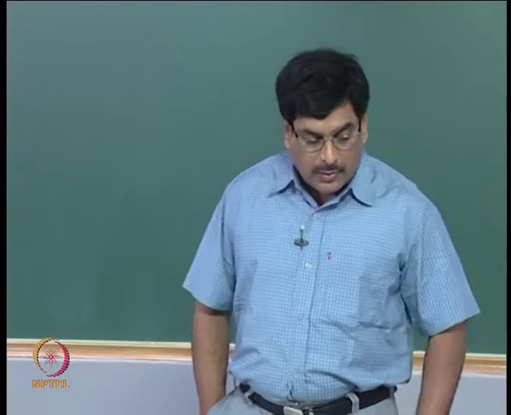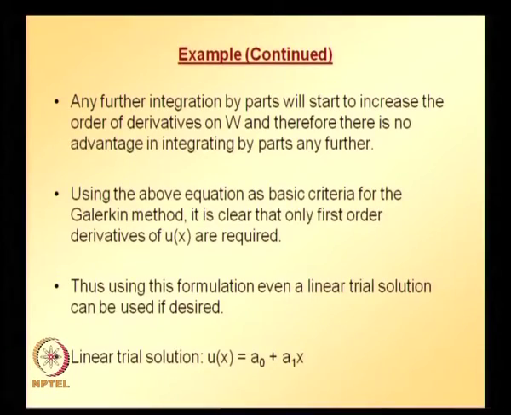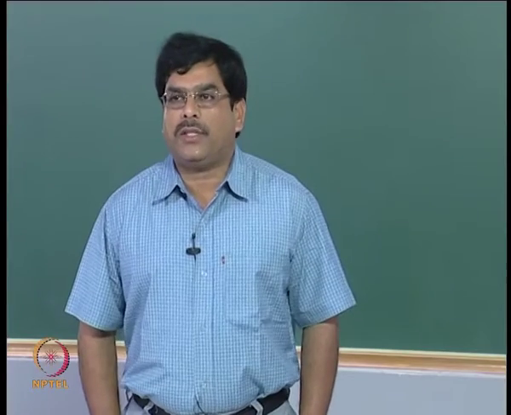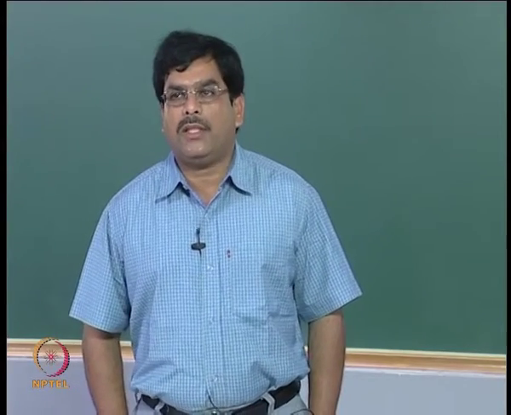The linear trial solution that is assumed is u is equal to a0 plus a1x, and the rest of the procedure is similar. You need to make sure this trial solution is admissible, that is you need to substitute the essential boundary condition into this and reduce the number of unknown coefficients.